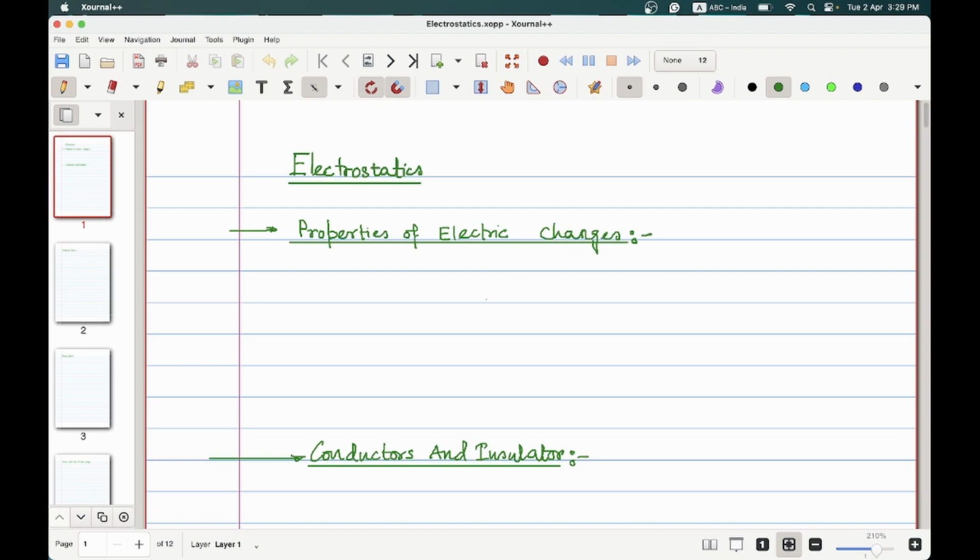In this chapter, first there is the concept of electric charge. So what are the properties of electric charge? We know charge is conserved, charge is quantized, and charge is transferable.